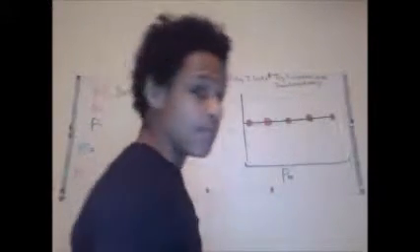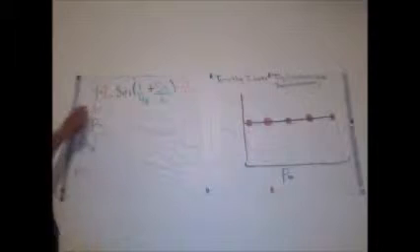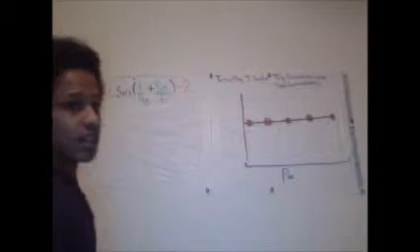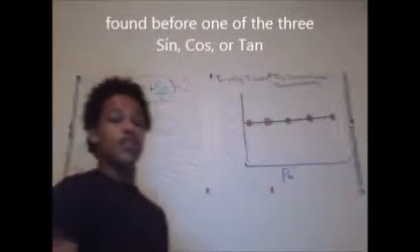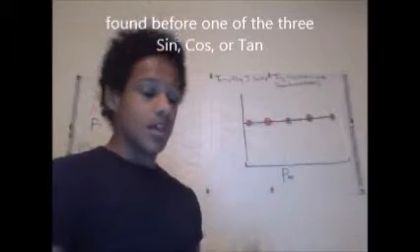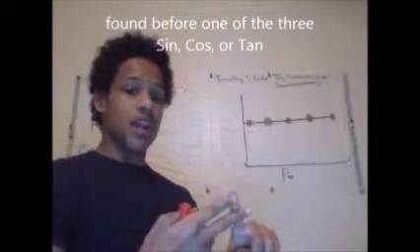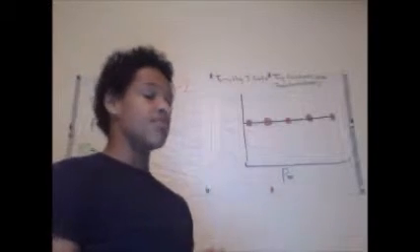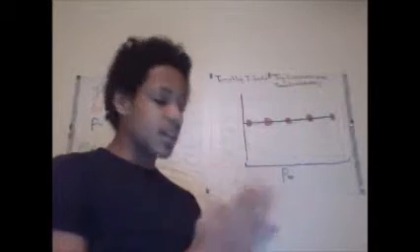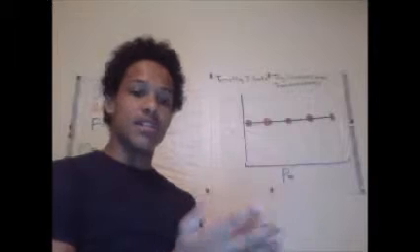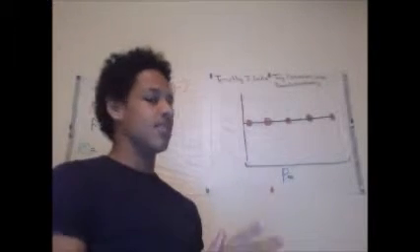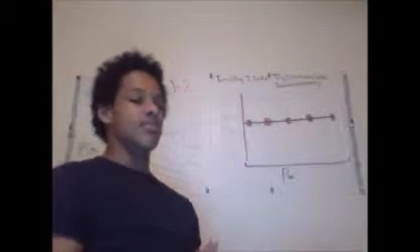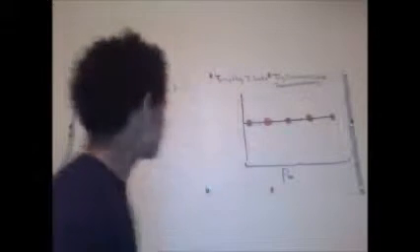Now, let's get to that part. Well, the amplitude is found in the beginning, before either sine, cosine, or tangent. And also their polar opposites, but we're just focusing on tangent, cosine, and sine right now. Don't worry about any of that. Another lesson, right?